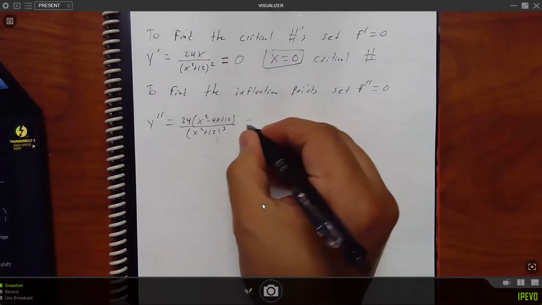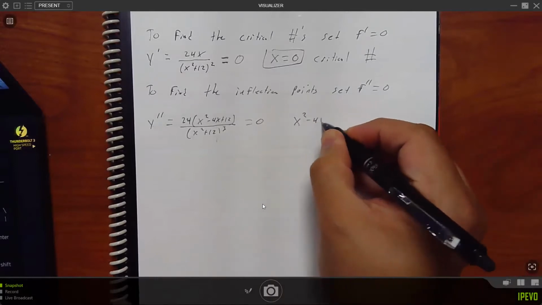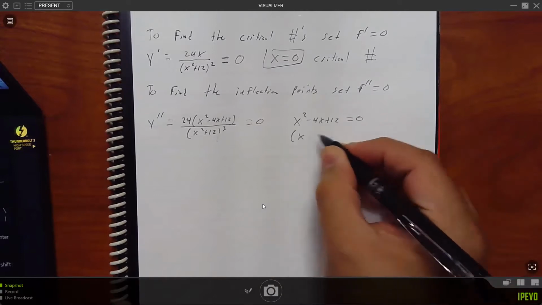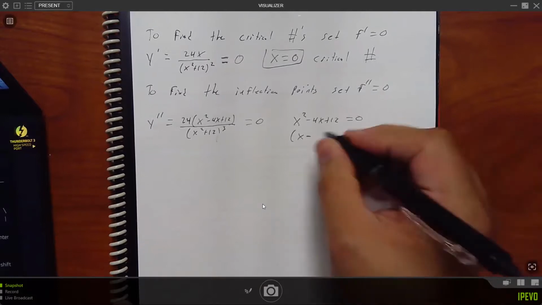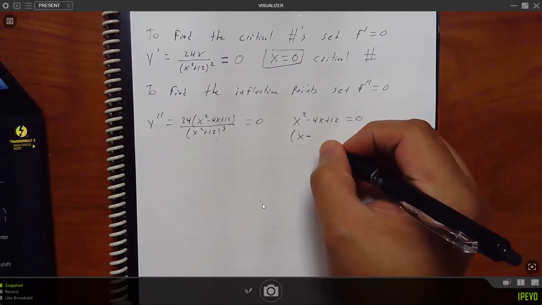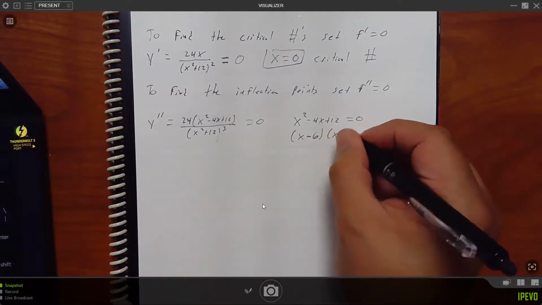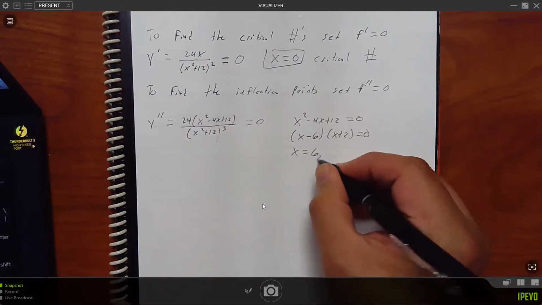So when is that equal to 0? Well, the only way that will be 0 is when this is 0. 6 plus 2. So two inflections at 6 and negative 2.